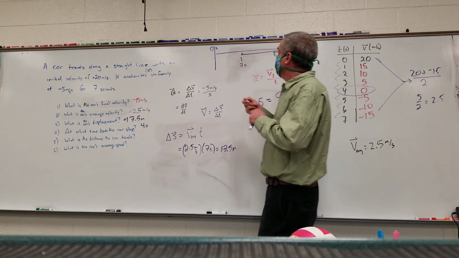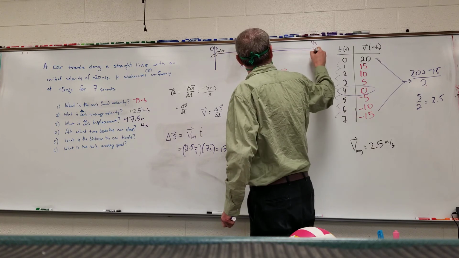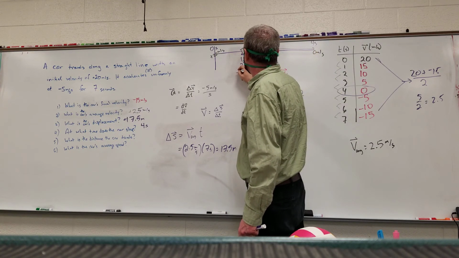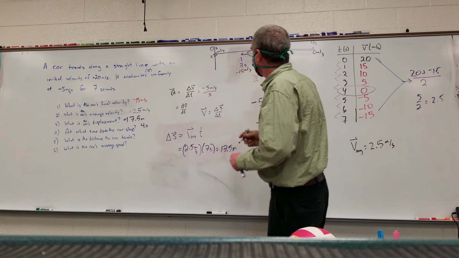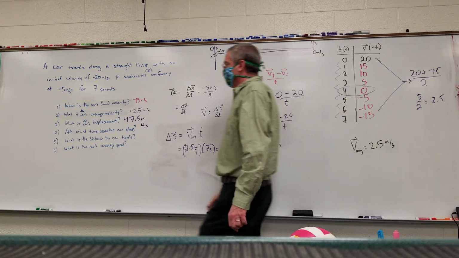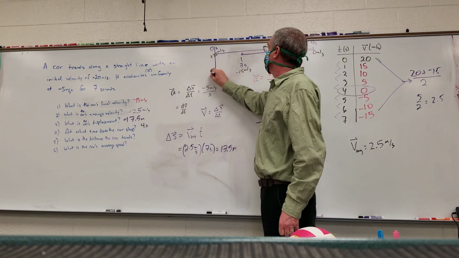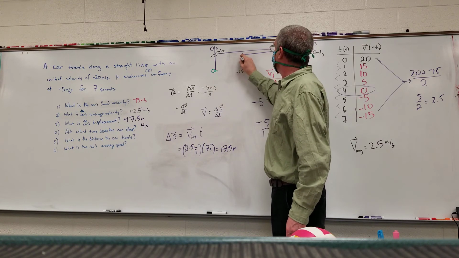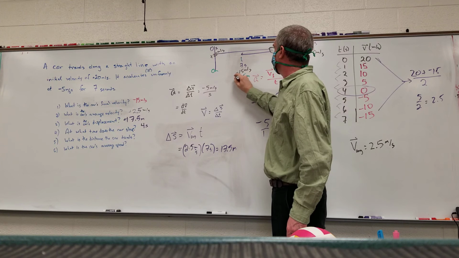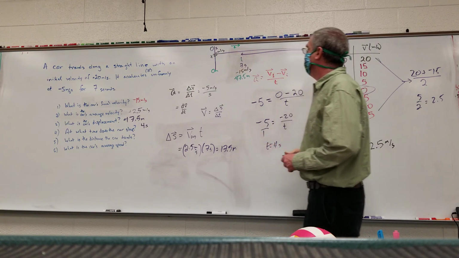My velocity starts out at positive 20 meters per second, it's 0 meters per second here, and at 7 seconds it is negative 15 meters per second. In terms of displacement, that's 0 meters here, and this point right here would be positive 17.5 meters. And to the right is positive.